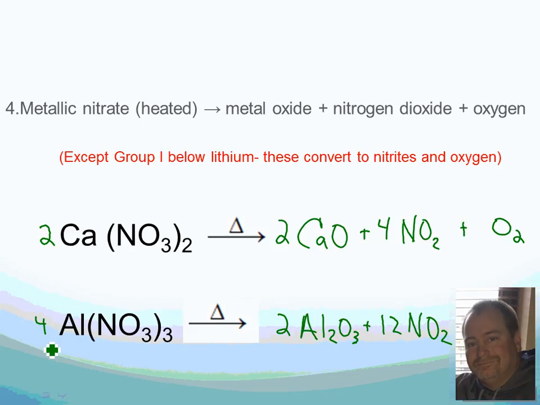Now I count up my oxygens. 3 times 3 is 9. What's 9 times 4? 9 times 4 is 36, right? Okay? So I have 24 and 6 is 30. So how many more do I need? 6, right? Did I get 6? 3 there. So that was a little tougher one.